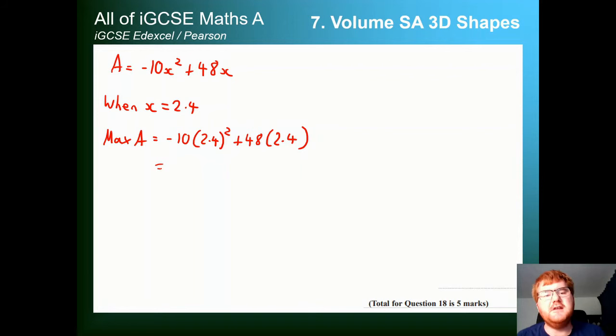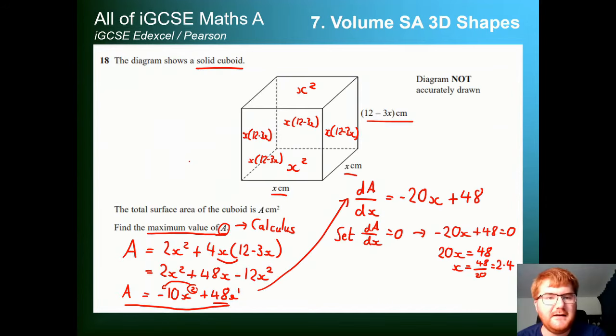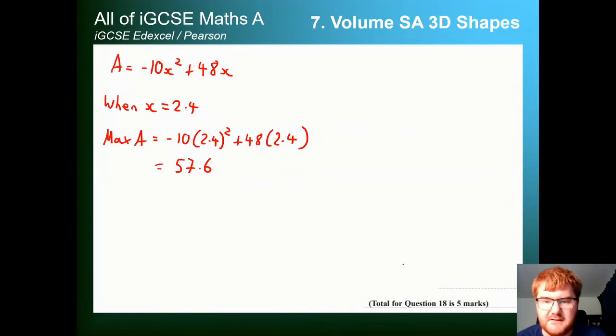Again, you could do this without a calculator, but why not just use the calculator carefully, just so we can avoid any of those silly mistakes. And if you pop it in, you'll then get the answer of 57.6. So that's the actual answer here, the maximum value of A, which is 57.6.